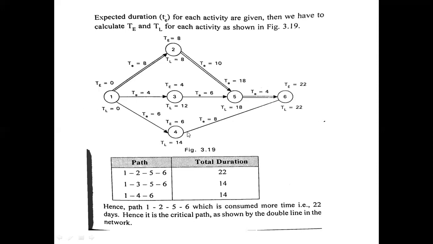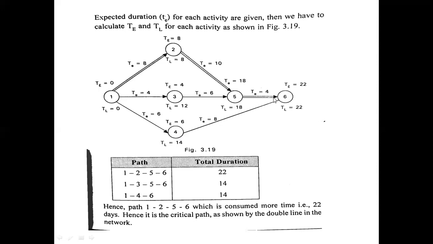And from this path, for event 4, what is the earliest finish time? The pre-event is 1, and its earliest finish time is 0. 0 plus 6 is 6. So 6 is the earliest finish time of the fourth event. Similarly for 6, 6 plus 8 is 14.